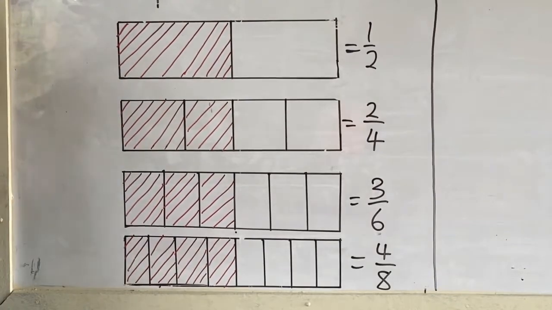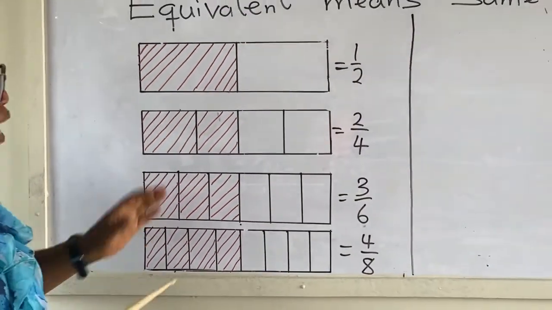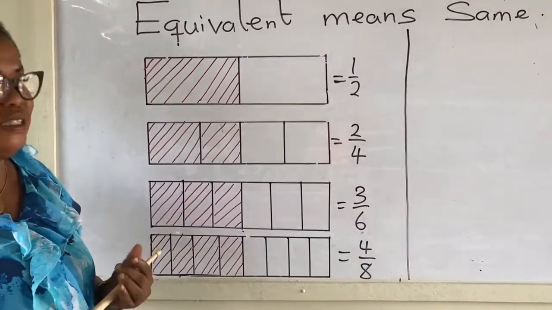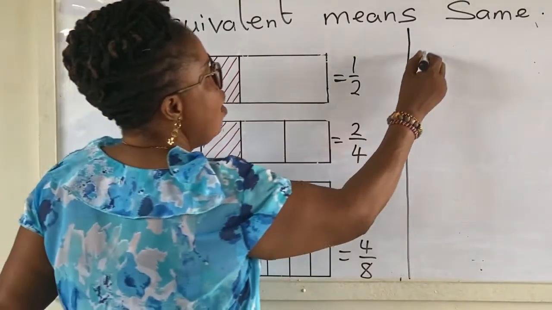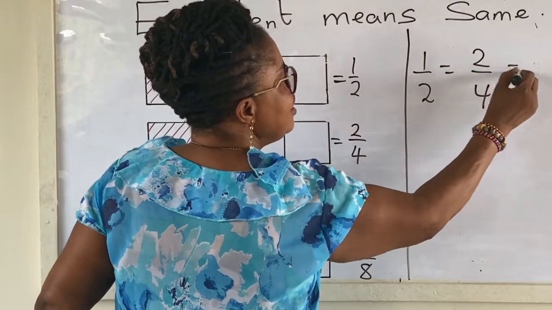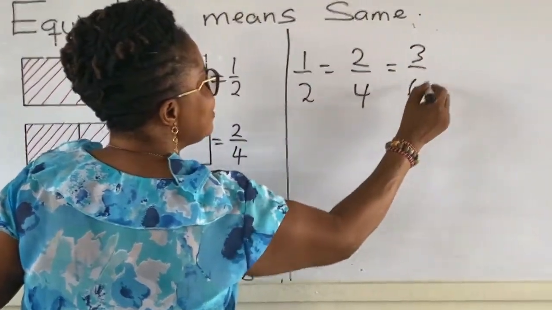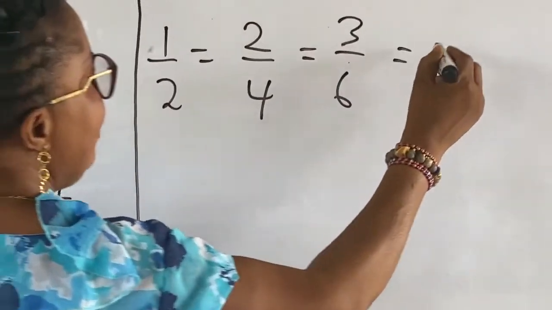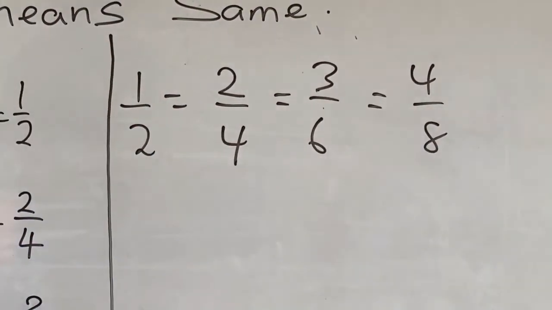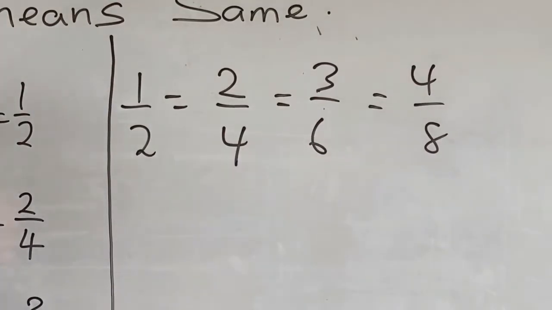Now, let's observe something here. Something is going on between these equivalent fractions. Half is the same as 2/4, is the same as 3/6, is the same as 4/8. Now, the half has 2 numbers.